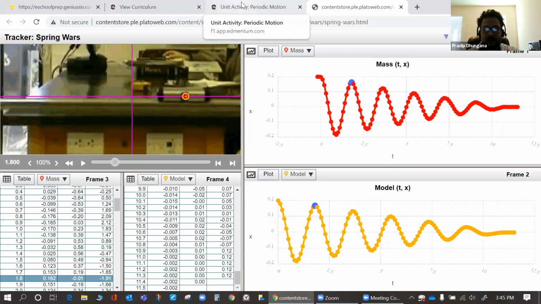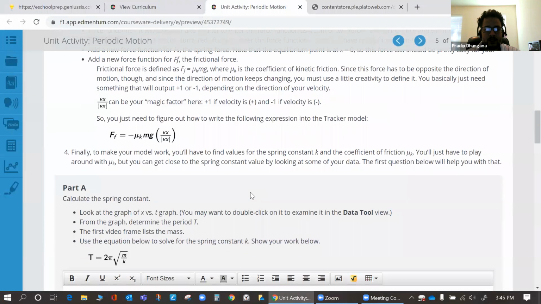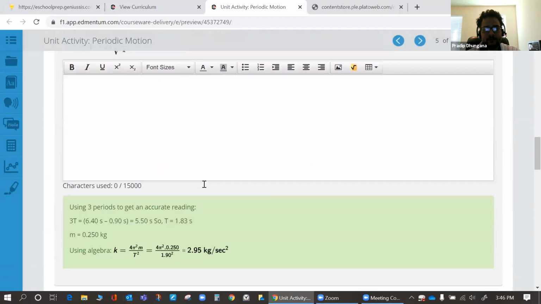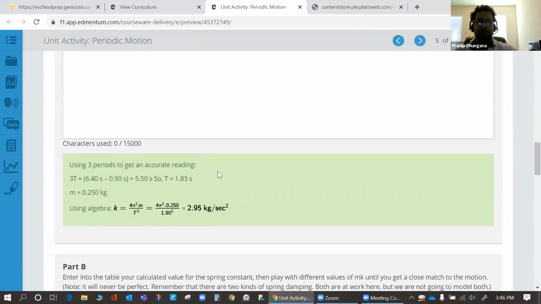Now let's go back to our unit activity. First part is calculate the spring constant. So we already know the value of time period, that is around 1.8 second. We'll plug in that value, plug in the value of m, that is 0.25 kg, and calculate k. So here is the sample response. You can see T is around 1.83 second.